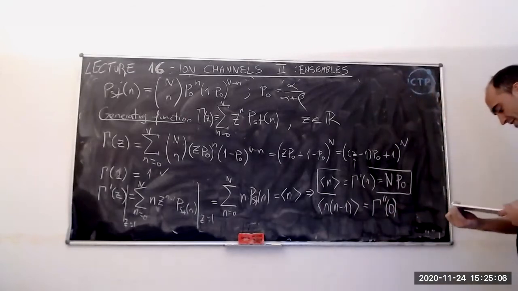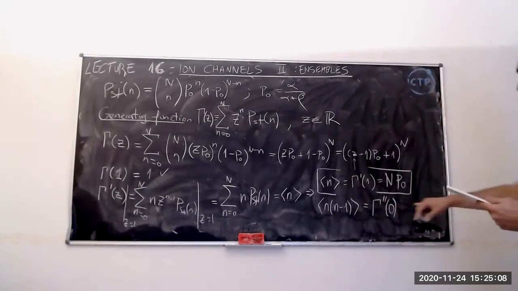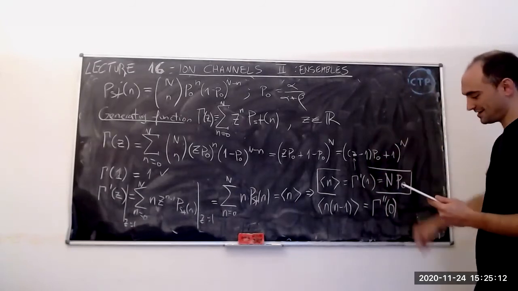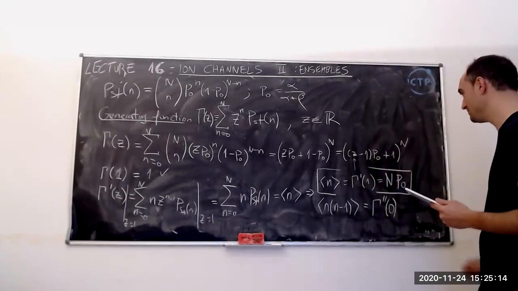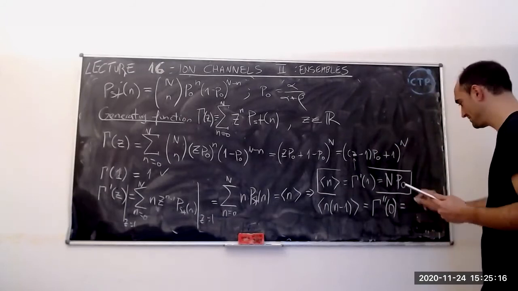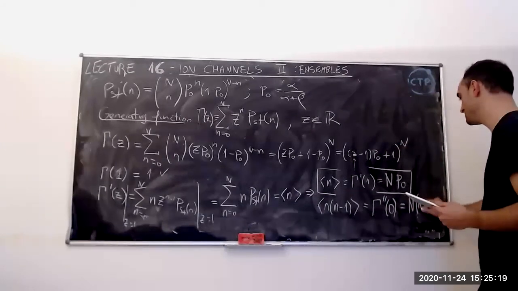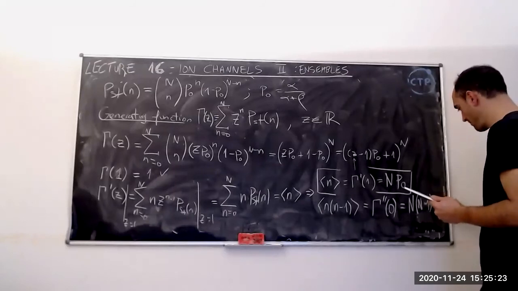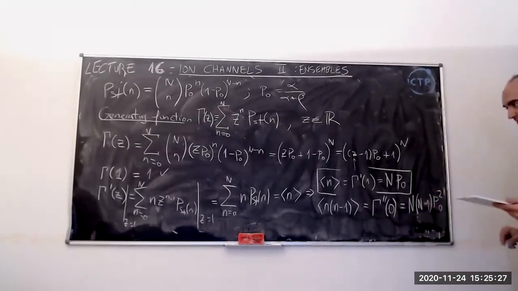Be careful with this. When you do this here, one derivative, another derivative, evaluate at 0, this becomes n times n minus 1 times p0 squared. This is just algebra.